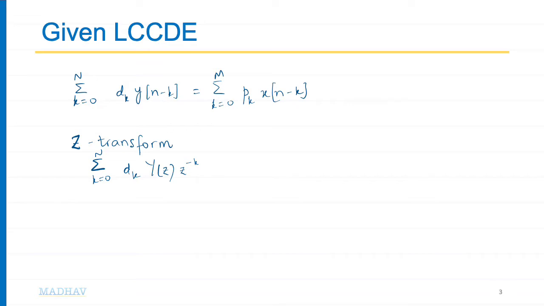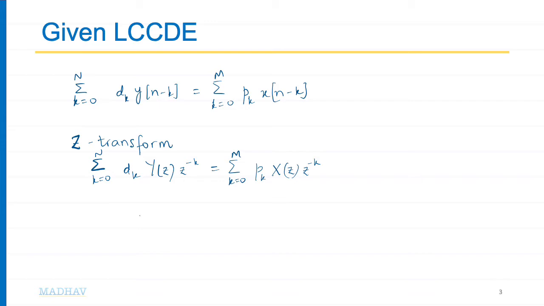The Z transform of y[n-k] is simply Y(z), the transform of y[n], and because this is a time shift, I get a multiplication by z to the power minus k in the Z transform. Now let's look at the right hand side. We have got the same thing. p_k is a constant with respect to n, so nothing will happen to that. Only x[n-k] becomes X(z) z^-k.